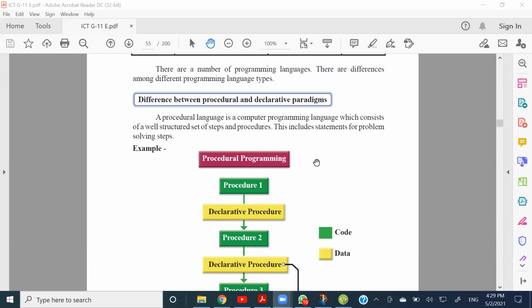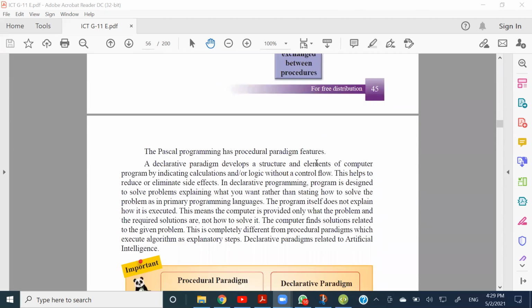So they have what is to be done, and it is said how it happens, one after the other, right? And now Pascal can be taken as having a procedural paradigm feature.